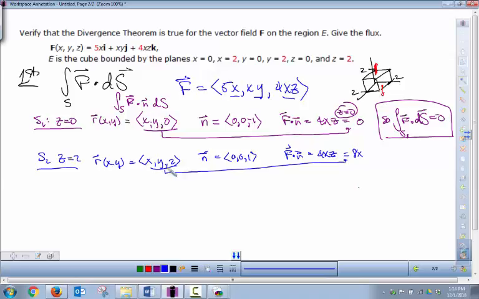So you have 4x times 2, and you get 8x. So it's not 0. We actually have to follow through with some integration here. So we got the integral. This will end up being a flux integral over S2 of 8x.